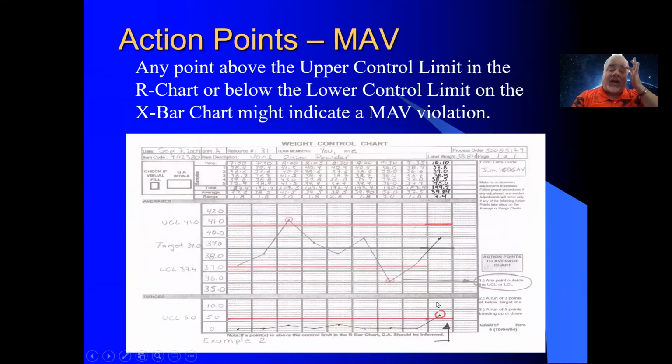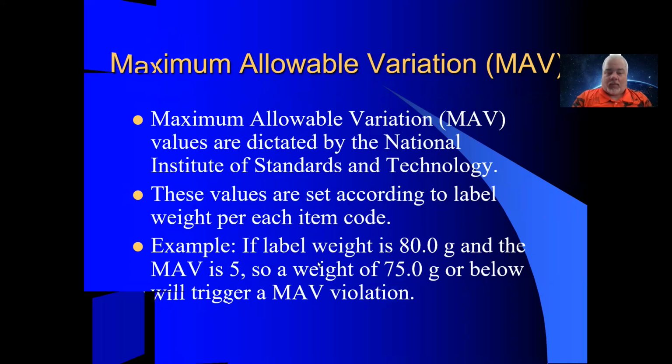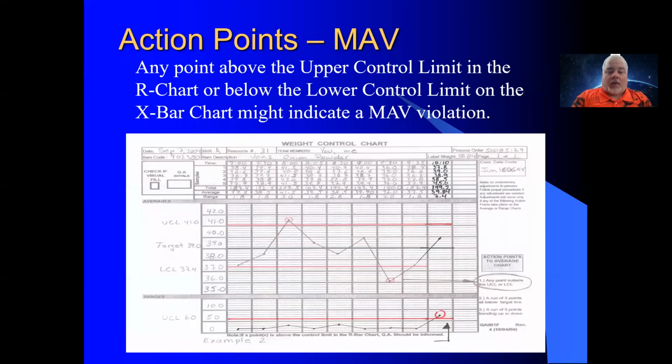Let's say you've got a fill machine and the X bar chart is exactly like you see here, but the MAV violation is right here at this black line above the lower control limit. So what if that is the legal limit? If that's the legal limit, what do you have? A process that is not capable.